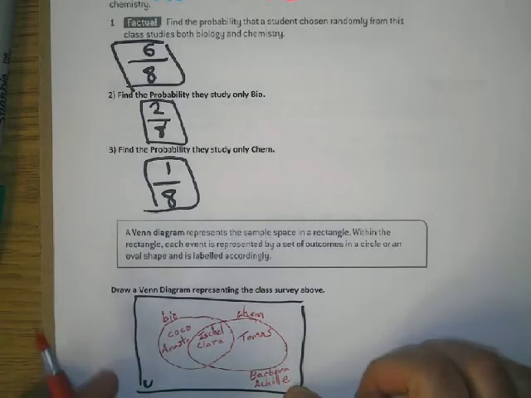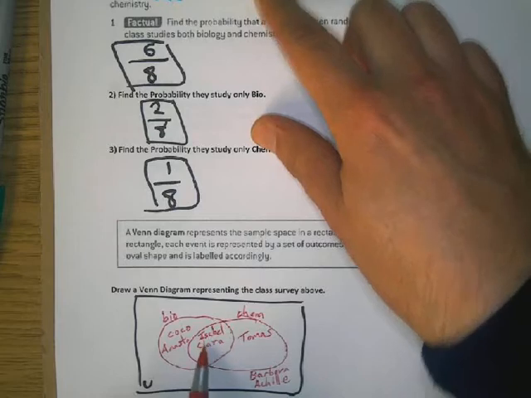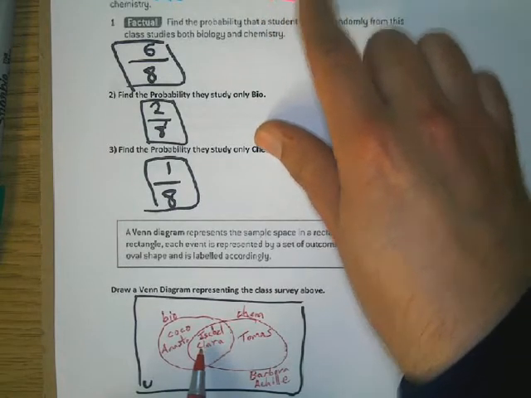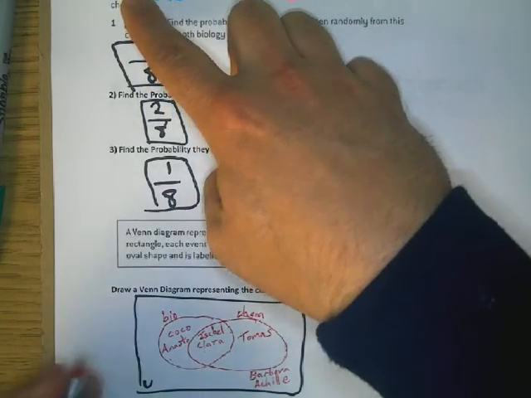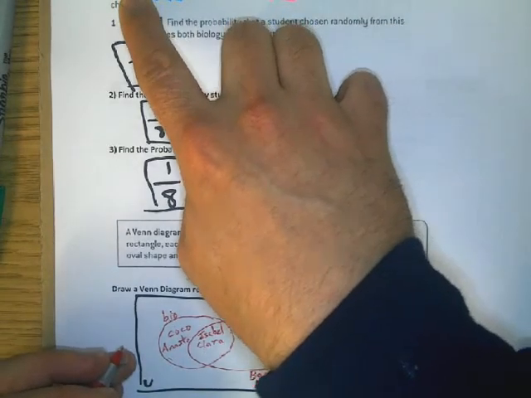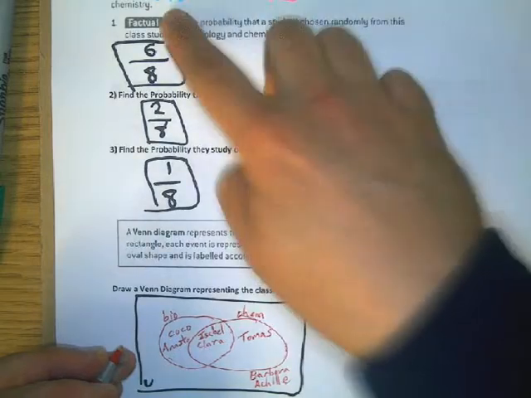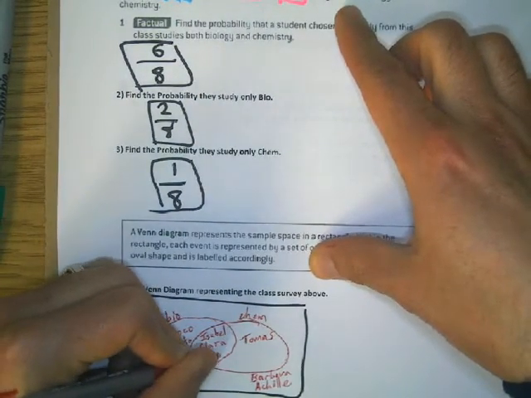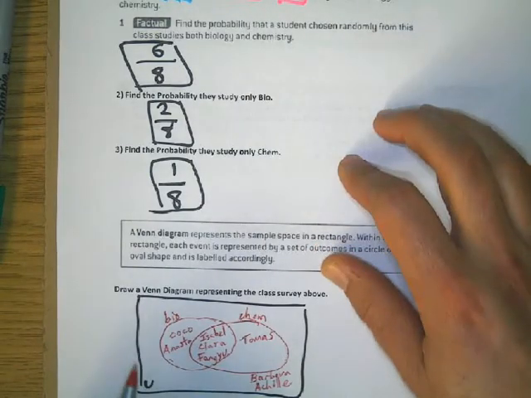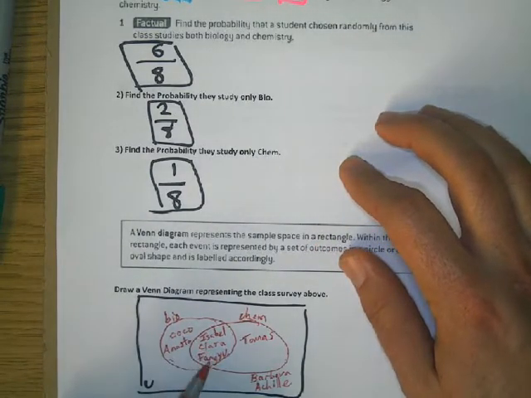Did I make a mistake? We got Isabel, Clara, Coco. Oh, I forgot Fangoyu. Fangoyu takes bio, and Fangoyu takes chemistry. Let's put him here. F-A-N-G-Y-U. Let's see, do I have all 8? 1, 2, 3, 4, 5, 6, 7, 8.